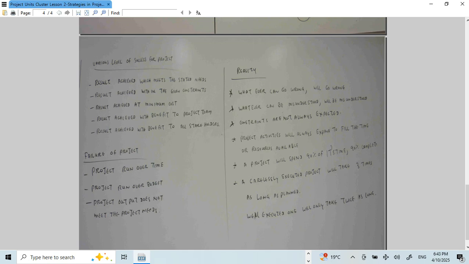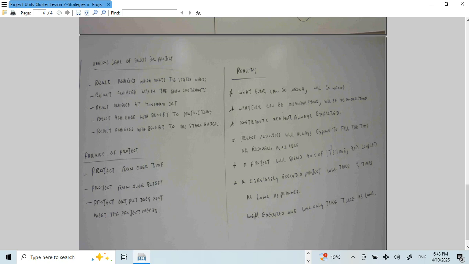The cost-effectiveness factor also needs to be considered. If the project is completed within the minimum cost, you can say that your project is successful.